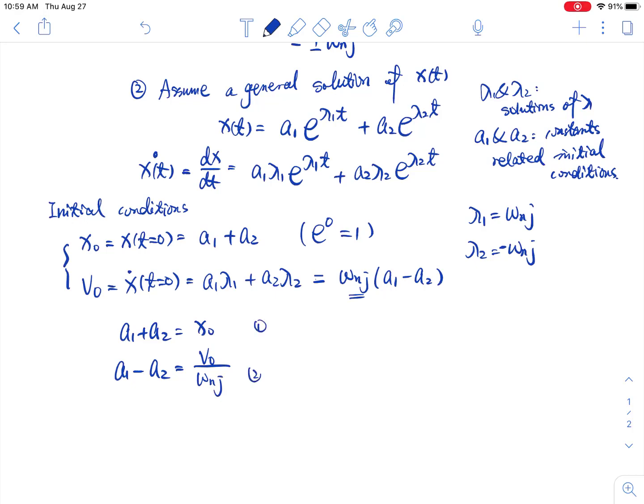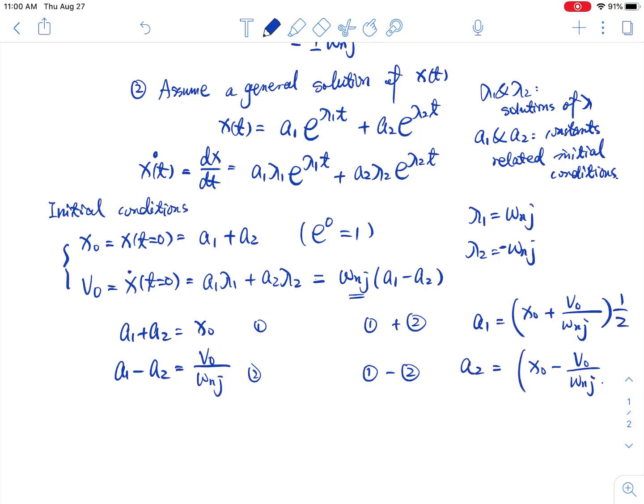And then equation 1 plus equation 2, you have 2a1 equals x0 plus v0 over ωn j. And equation 1 minus equation 2, you have 2a2 equals x0 minus v0 over ωn j. All right, then you find your a1 and a2. Your a1 is just 1/2 of this, and your a2 is 1/2 of this. Okay?